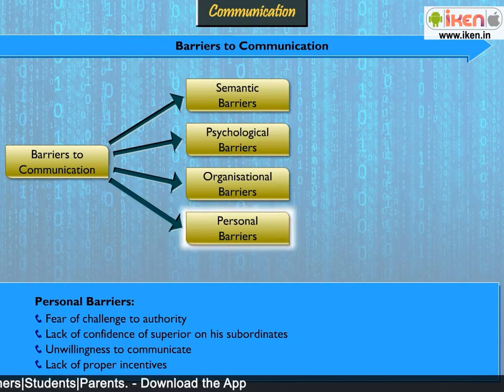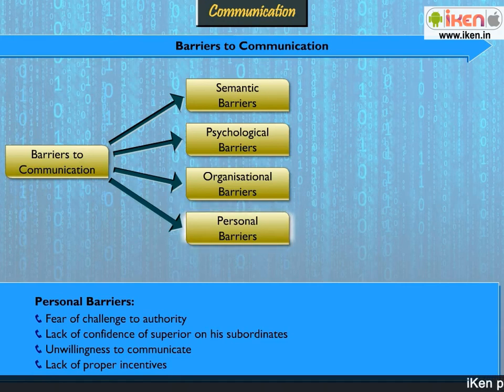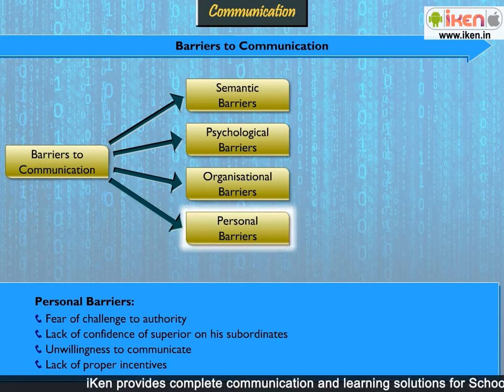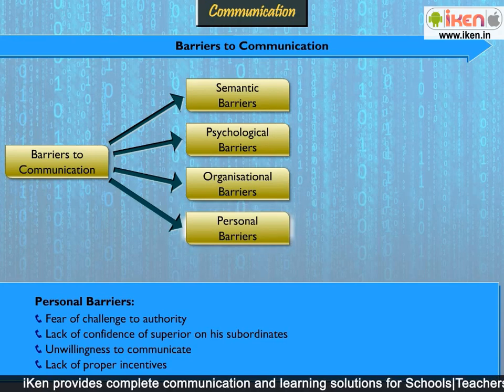Personal barriers. Effective communication in an organization may also be influenced by the personal factors of both sender and receiver. Communication in an organization may be hampered due to various reasons. 1. If a superior perceives that a particular communication may adversely affect his authority. 2.